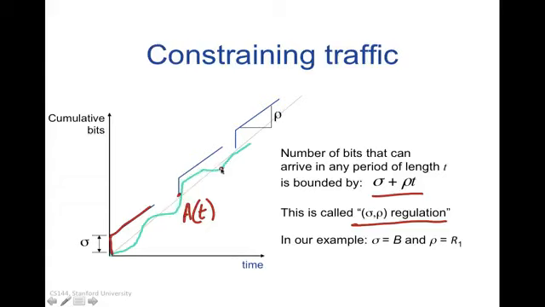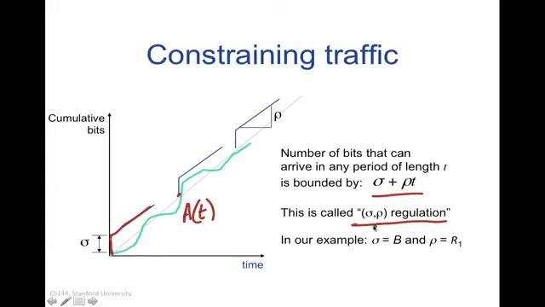So wherever we start, wherever we slide this, the A of t must always lie underneath it. If that is true, then this equation holds, and we say that A of t is sigma rho regulated. You can see that A of t has quite a lot of leeway on how it fits under that. It just must never exceed it starting from any one point. So in our example, sigma equals b and rho equals r1.